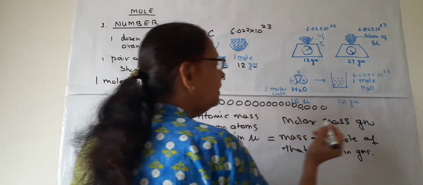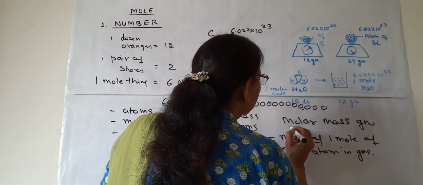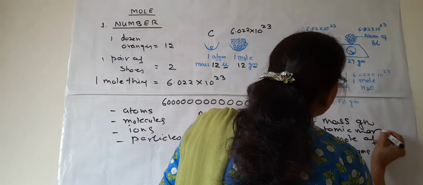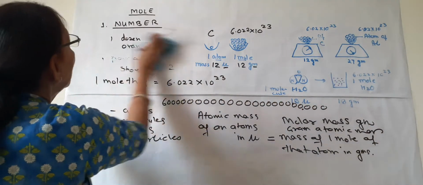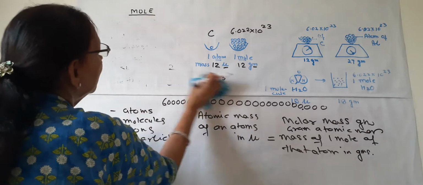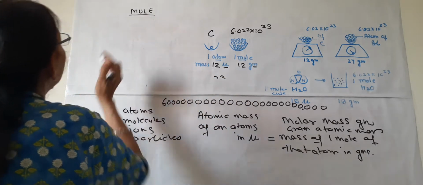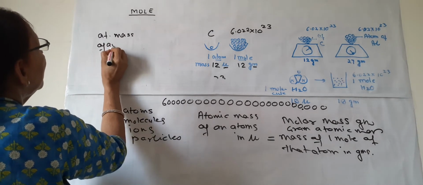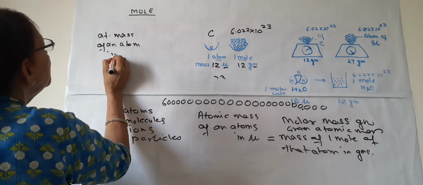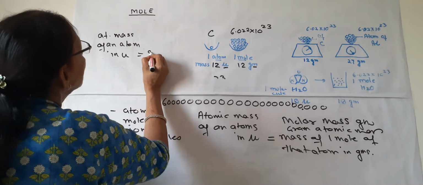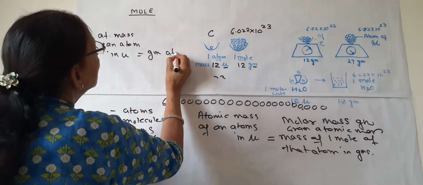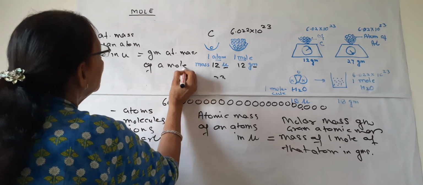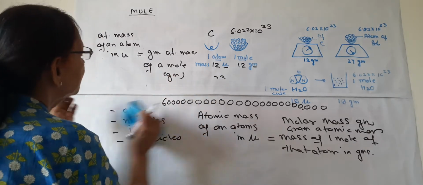Another name is also there, and it is known as gram atomic mass. So I can write here again, the atomic mass of an atom in U is equal to the gram atomic mass of a mole, and its unit is gram. This is one thing.